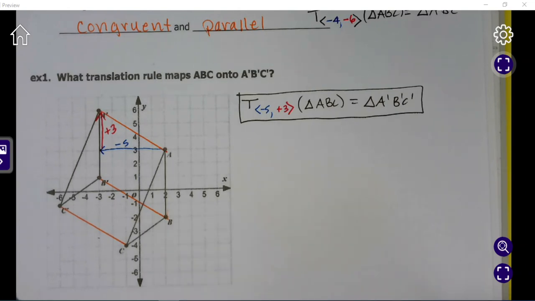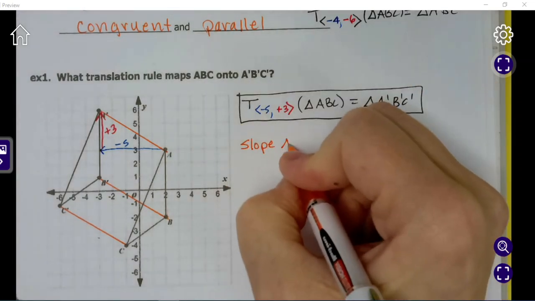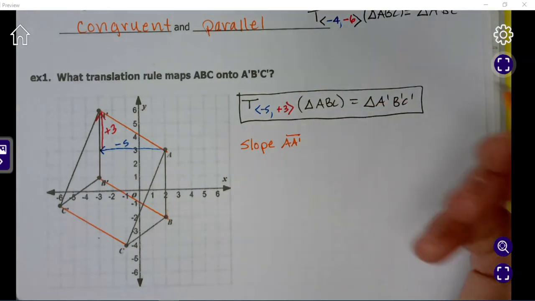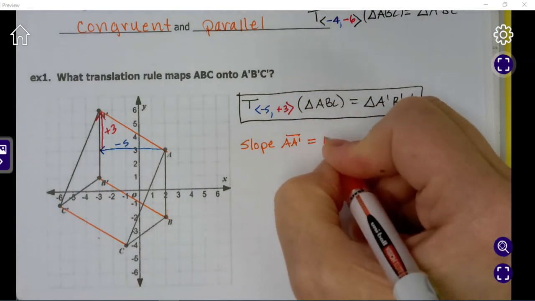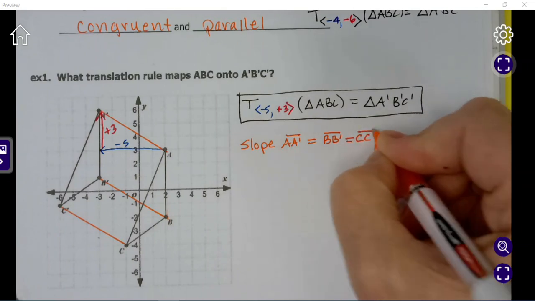So again, from the definition, we know that the slope of line A to A prime is equal to the slope B to B prime, which is equal to the slope C to C prime.